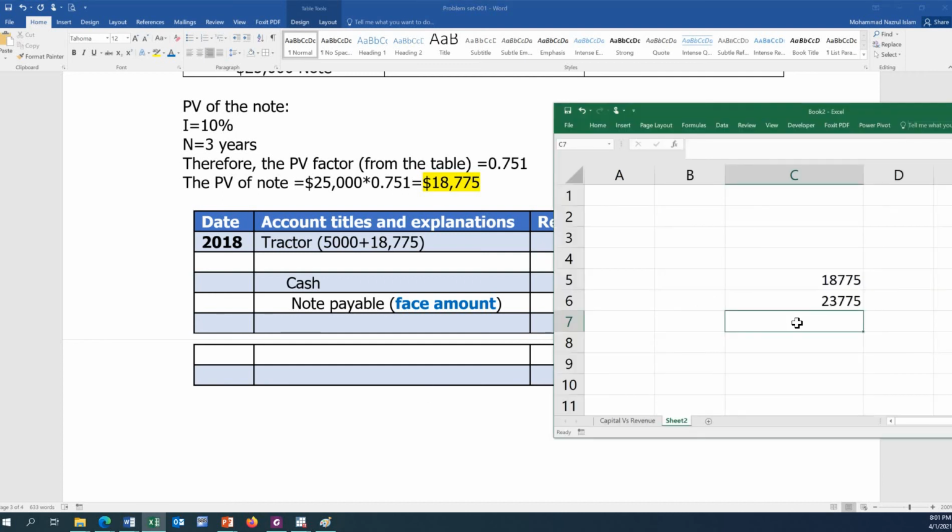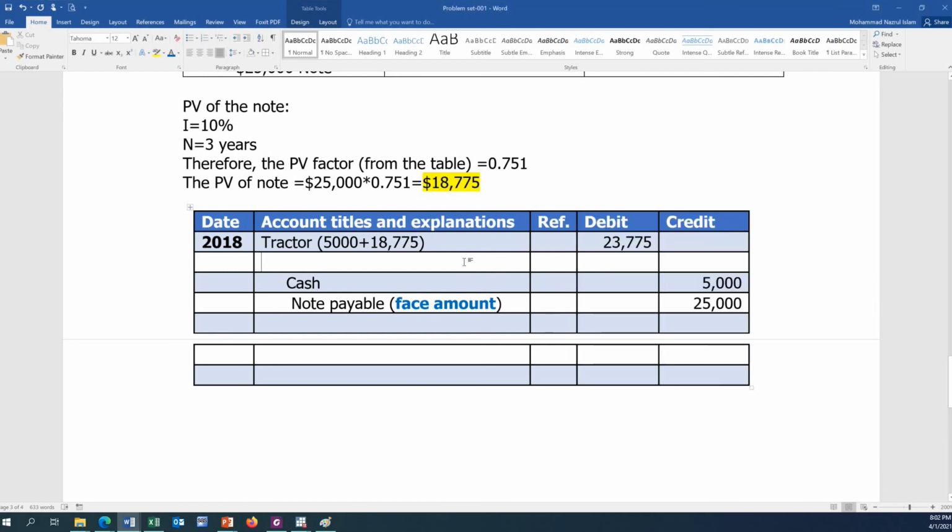So the discount on note payable would be the difference between 30,000 and 23,775. This one is the discount on note payable. I'm writing it.